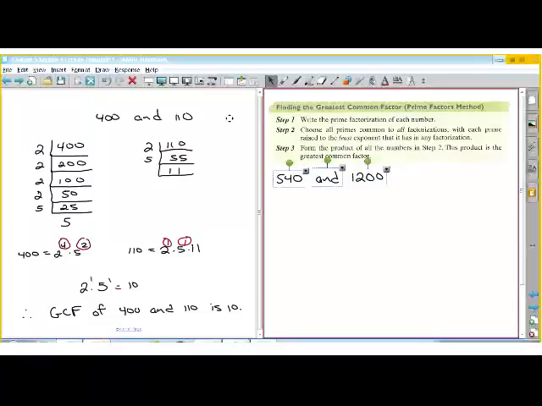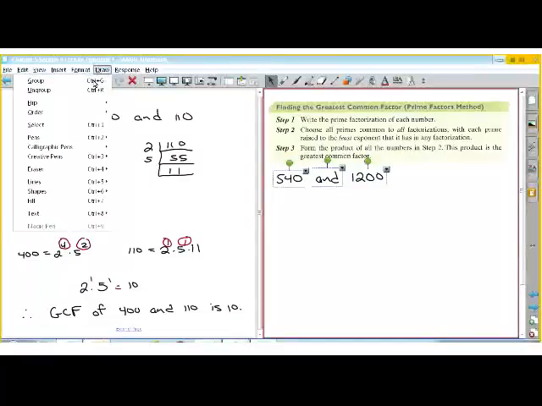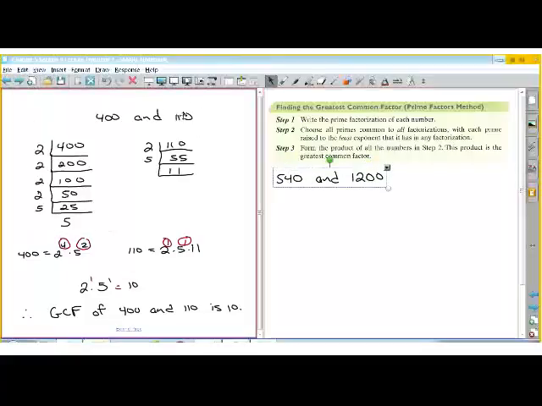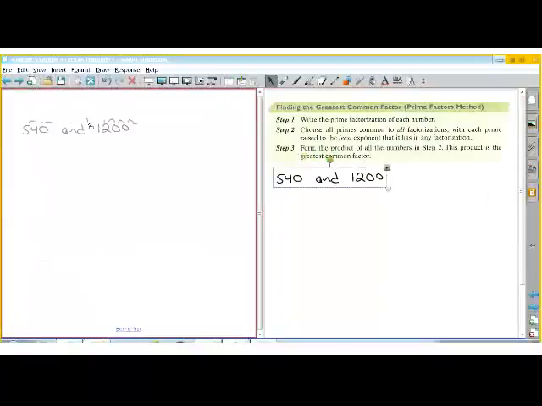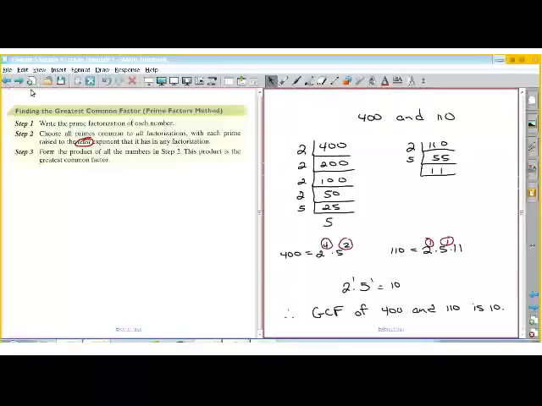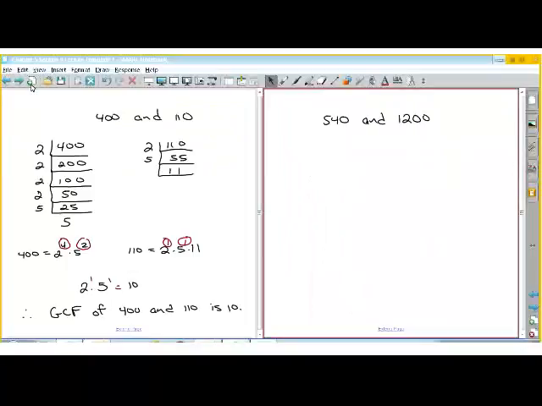So let's do another example for you. I'm going to put a page inside here. Let's do these two numbers using the same technique instead of going to a new technique.